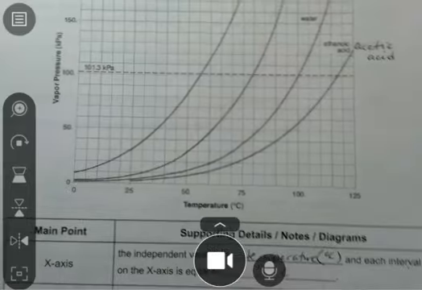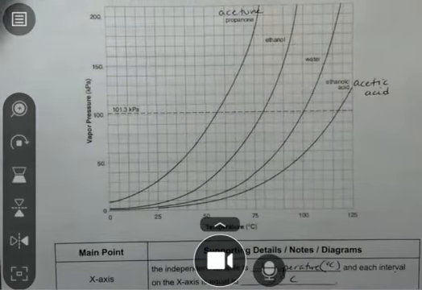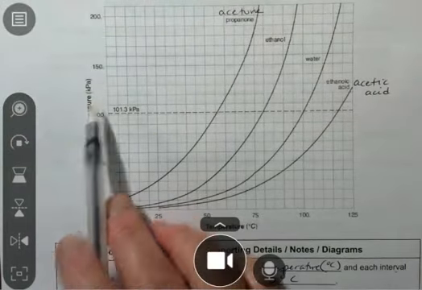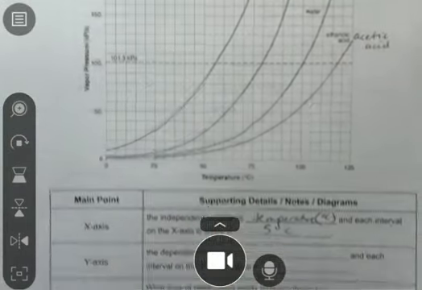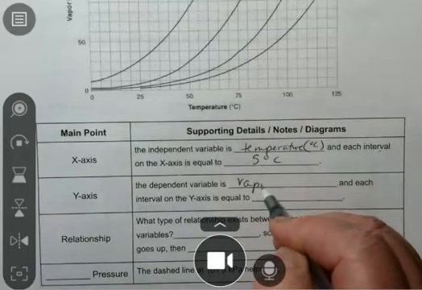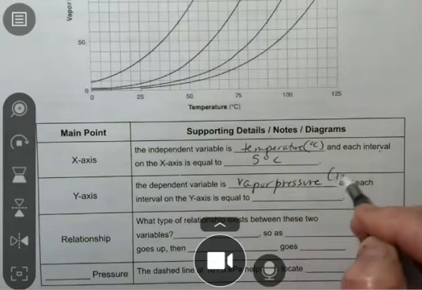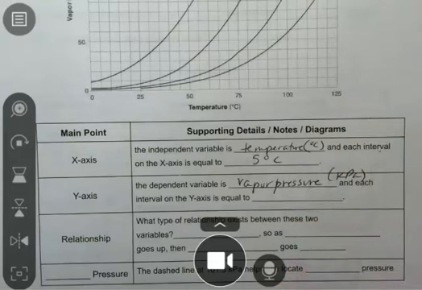On the y-axis, we have vapor pressure in kilopascals. Right, we've got vapor pressure. So that's the dependent variable, is vapor pressure. And the unit it's being measured in is kilopascals.